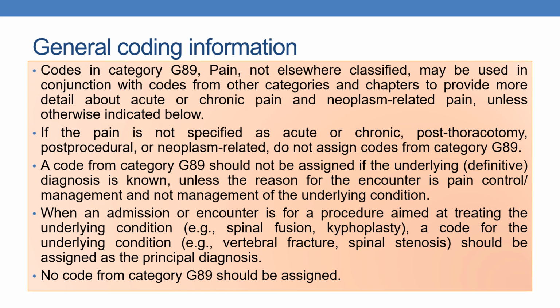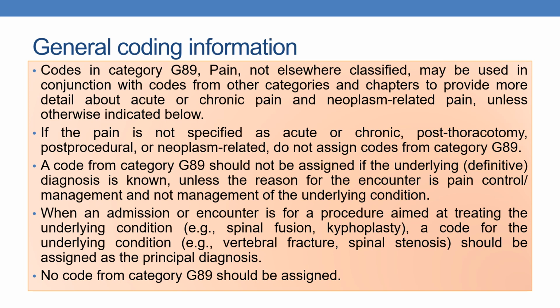Now coming to general coding information. Codes in the category G89, pain not elsewhere classified, may be used in conjunction with codes from other categories and other chapters to provide more detail about the acute or chronic pain and neoplasm related pain, unless otherwise indicated below.